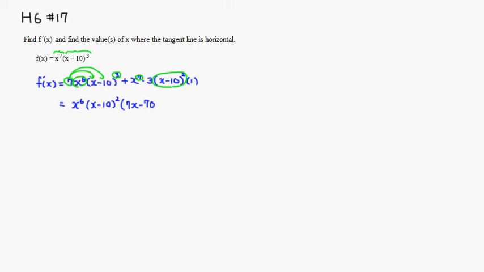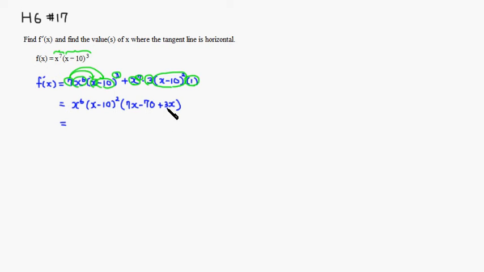Then there's a 3 times x, so there's plus 3x. So we took care of everything. We took care of these guys, and the 1 really doesn't do anything, so we have that. Then clean up a little bit more.